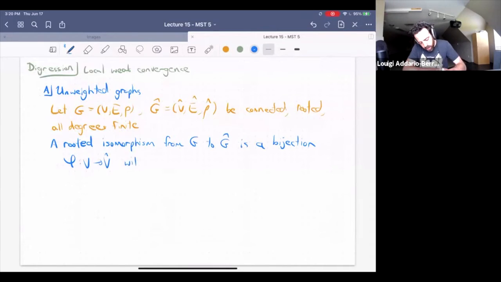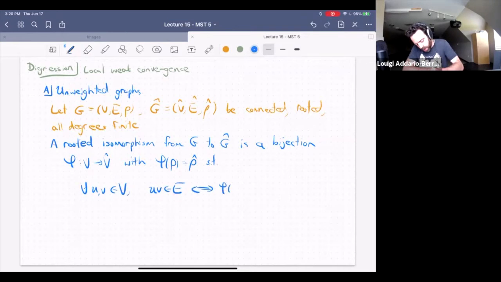So we should have phi of rho is rho hat, and we want that for any pair of vertices U and V of the domain, UV is an edge of G if and only if phi of U, phi of V is an edge of G hat.